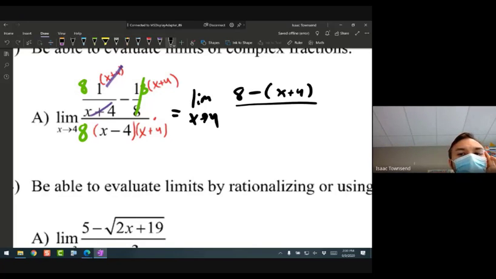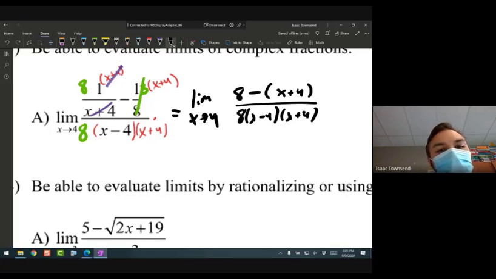Down here, I have an 8, I have an x minus 4, and I have an x plus 4. This wasn't a smaller denominator, so I didn't have anything to cancel out with. Okay, so I guess we could try direct substitution again. You could plug in 4, but since nothing's canceled out, it's probably still an indeterminate form, right? It probably still needs some work.